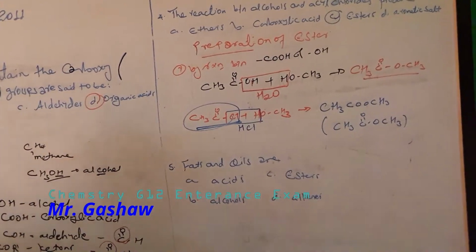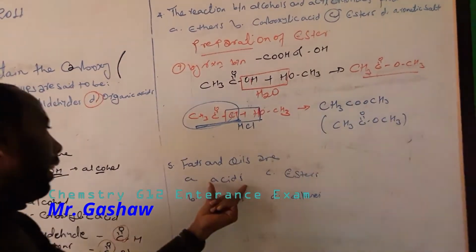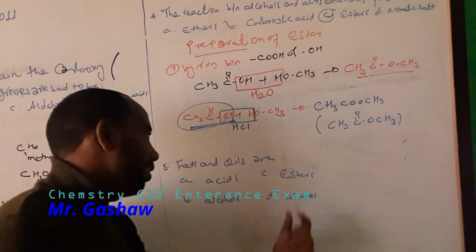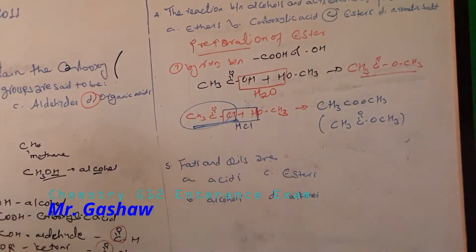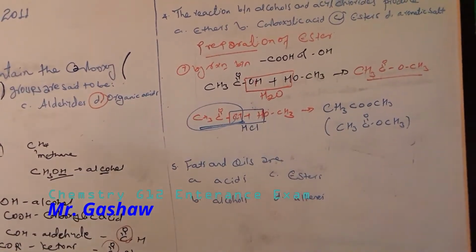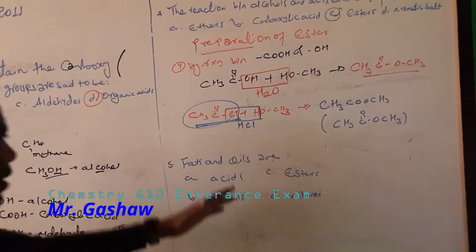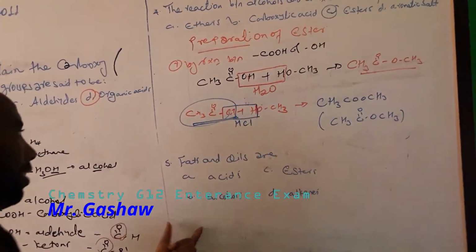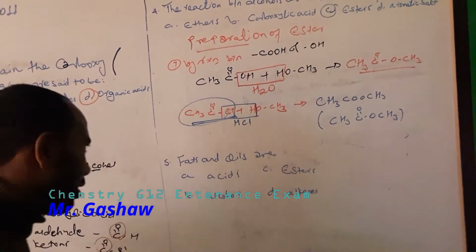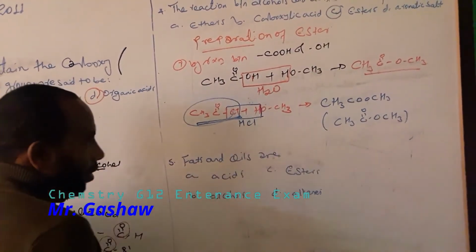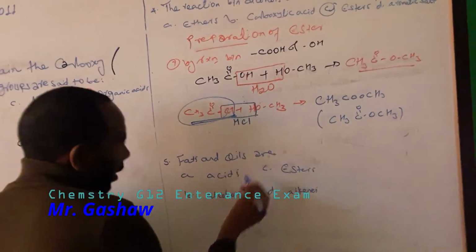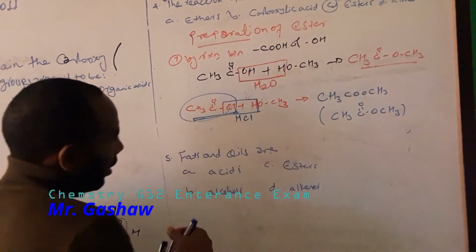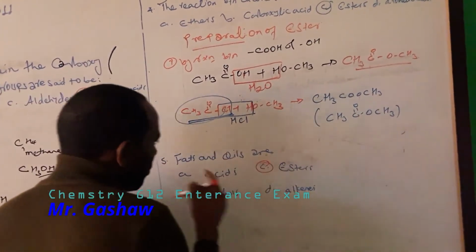The fifth one: fats and oils are A acids, B alcohols, C esters, and D alkenes. So which one is the answer? At first, fats and oils are triesters of glycerin. So the answer becomes esters.